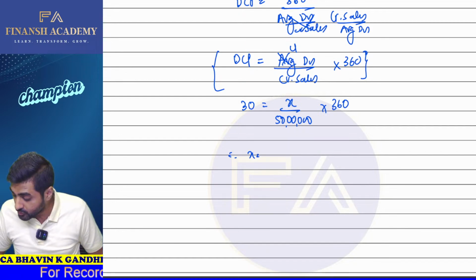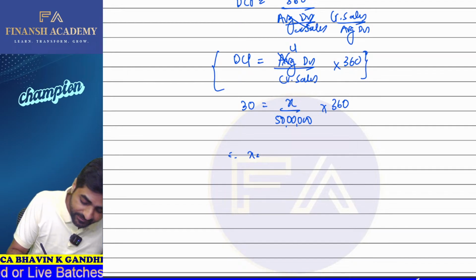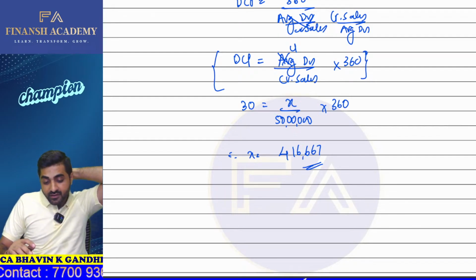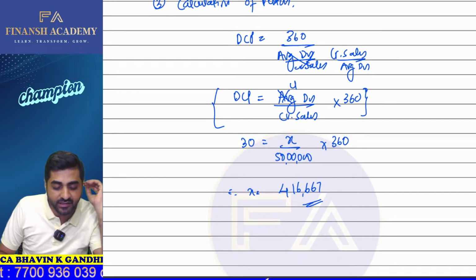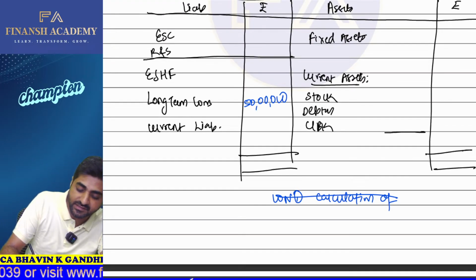So 50 lakhs into 30, divide that by 360. That is nothing but 4 lakh 16,667. What is this 4 lakh 16,667? That is nothing but the amount of the debtors which you have got. So I can substitute here 4 lakh 16,667.